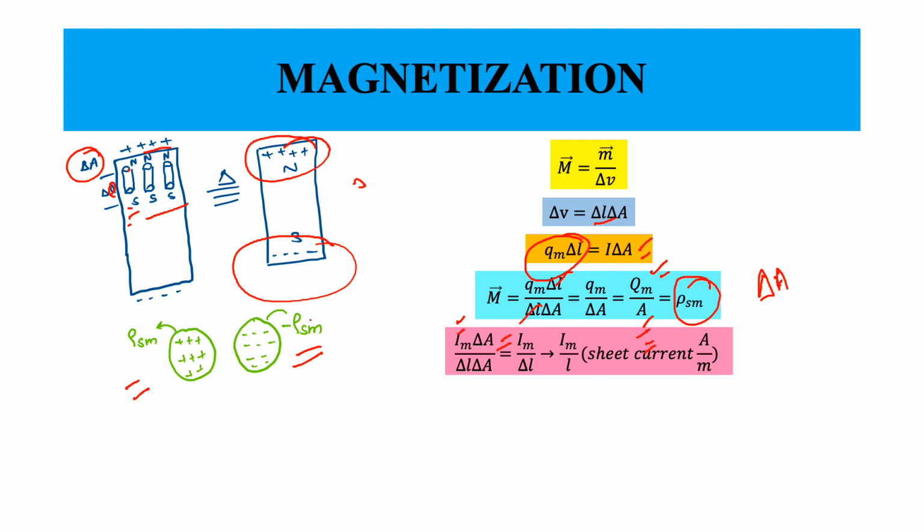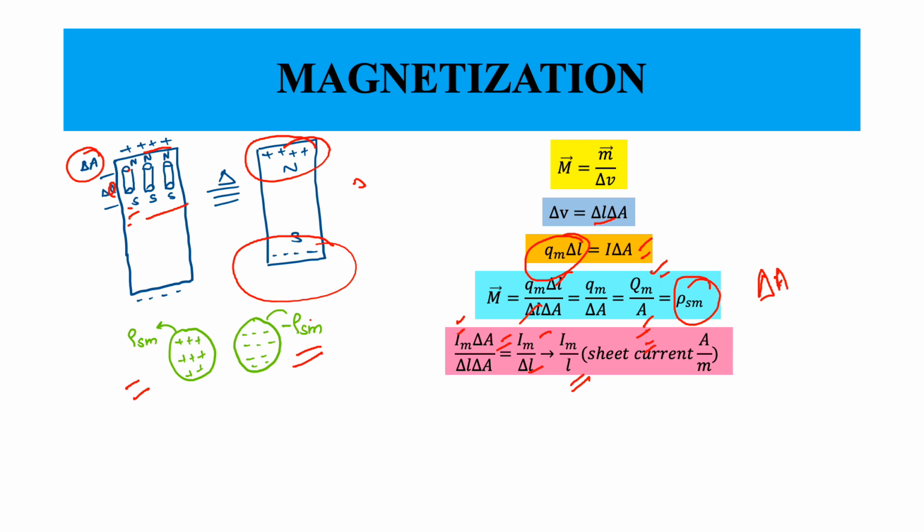Okay, so this would be Im into delta A divided by delta L into delta A, right? So if you look at this one, it will be given by Im by delta L, and when you consider the entire length of the material, this actually becomes Im by L. So what is Im by L?